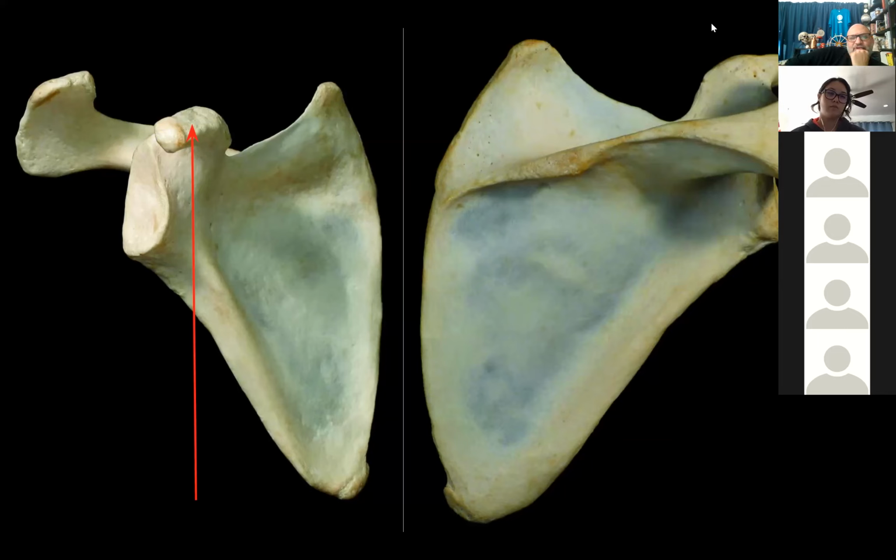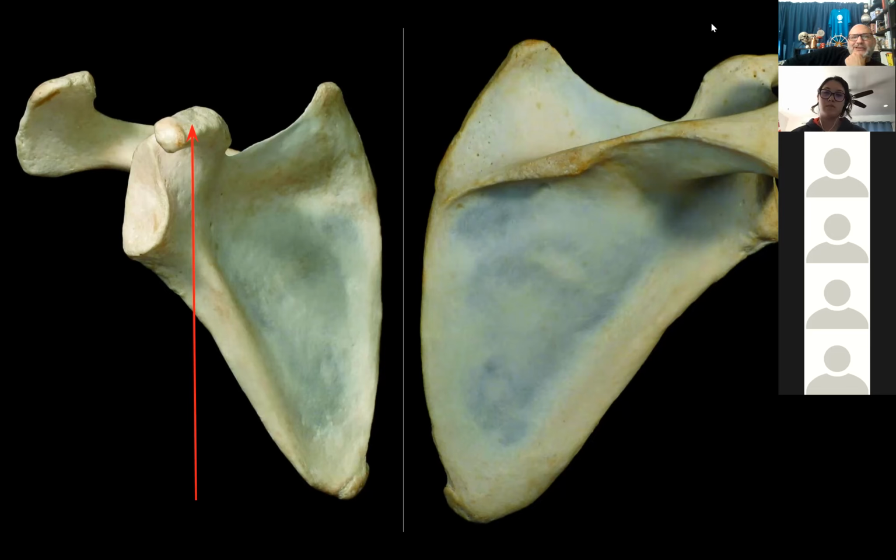What would the answer be? Anyone remember what inserts into the coracoid process of your scapula? Not the trapezius. Pectoralis minor, absolutely.